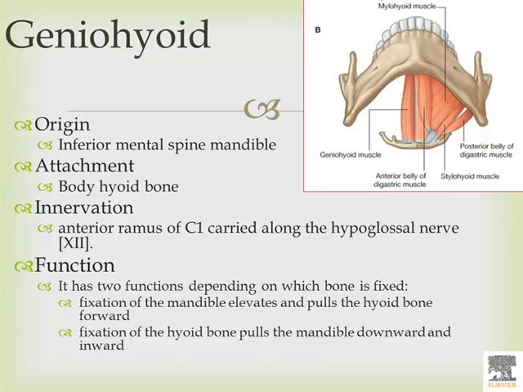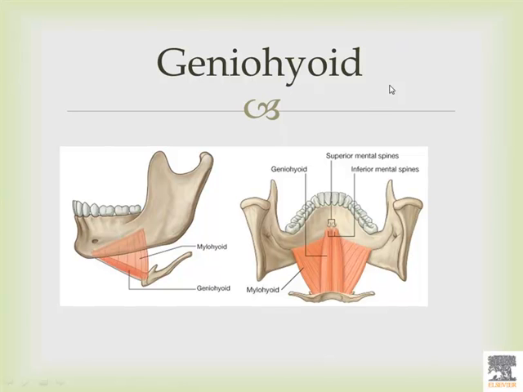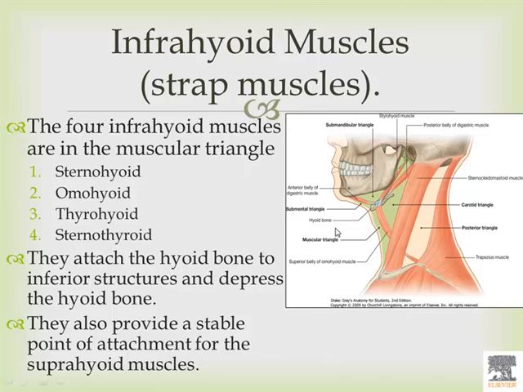And that's how the function of this muscle works, depending on which bone is going to be fixed when it's actually moved. So if the mandible is fixed, it will pull the hyoid upwards. If the hyoid is fixed, it will help to move the mandible downwards and inwards. Here is another figure showing you the geniohyoid muscle right there.